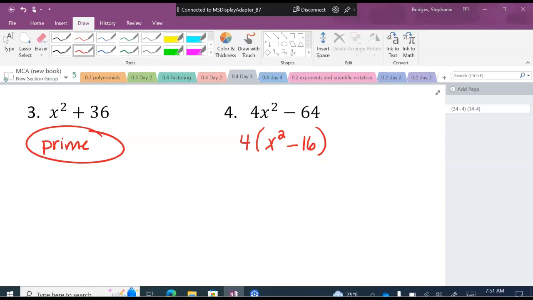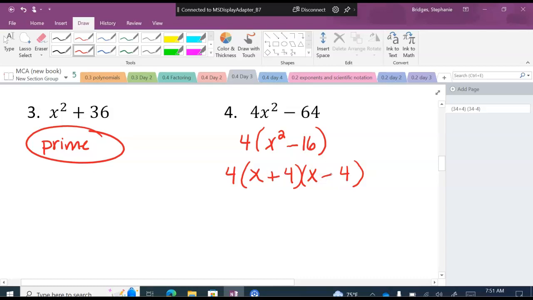Are those both perfect squares? They are. So we can break those down further. We're not going to lose that 4. We're going to break down what is the square root of x squared. X, and the square root of 16 is 4. And then we just do 1 plus and 1 minus.